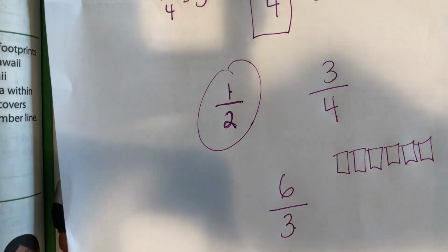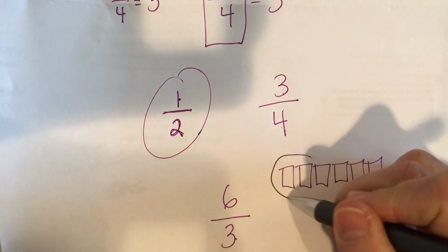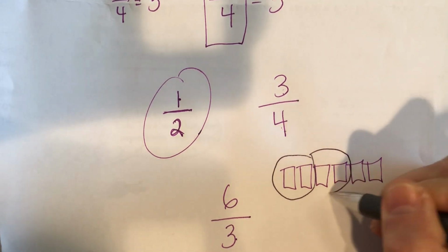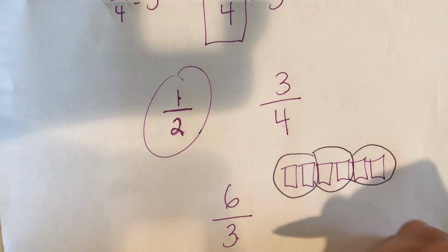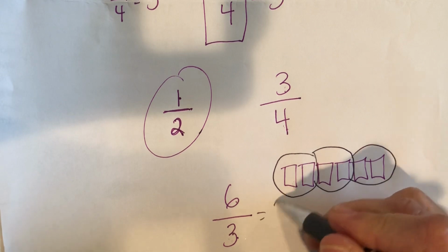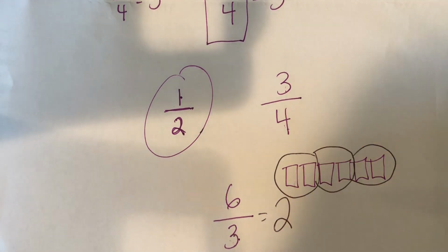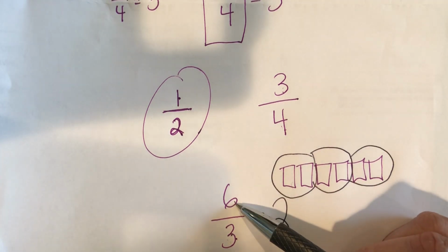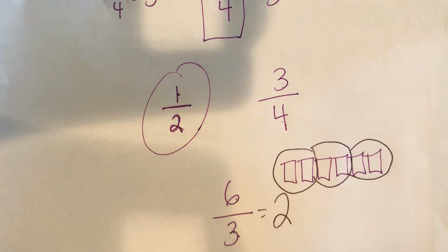Each one of us, I'm gonna get 2. Someone else is gonna get 2. And someone else is gonna get 2, right? There's 6 of them divided by 3. And what is 6 divided by 3? 2. Okay, so in fractions, if our numerator is more than our denominator, we actually have more than 1, right?